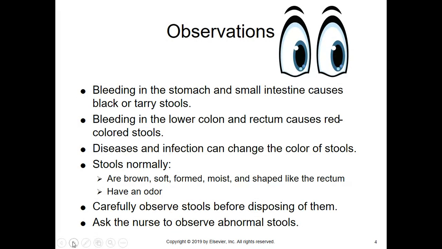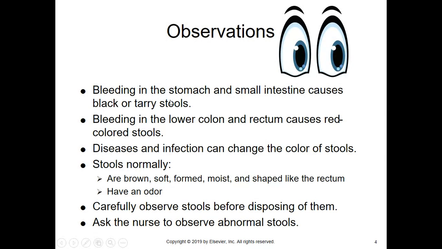Bleeding in the lower colon and the rectum causes red colored stools. So if we have bleeding going on in the higher part of our stomach or intestines, it's going to be black and tarry because the blood sits inside our body a while. It's up high and has to work its way down. When blood sits around for a while, it gets darker.